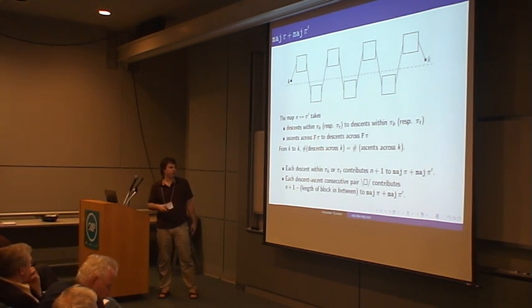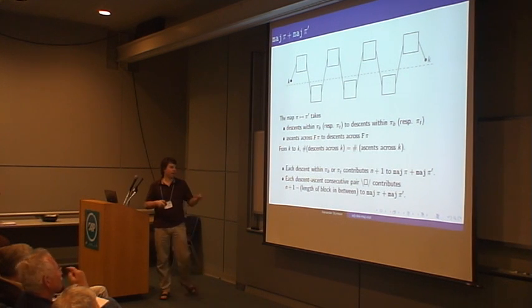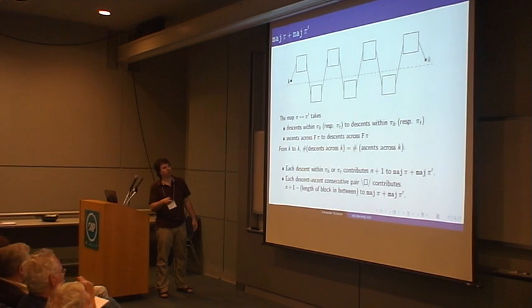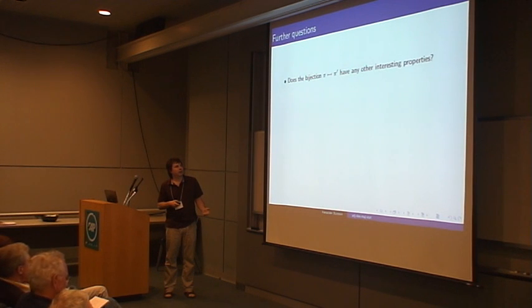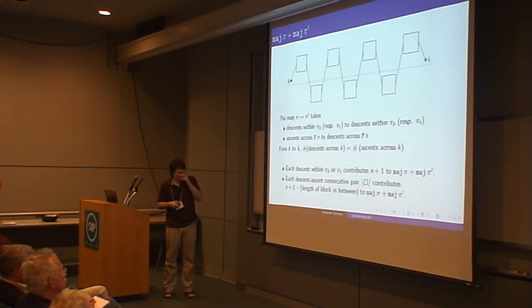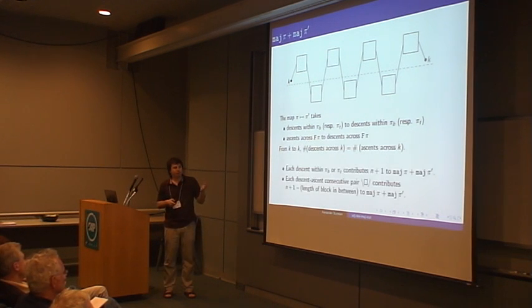So you're just counting all n plus 1 letters every time for every descent, except the length of all the blocks, which is exactly the number of letters below K. So that's basically this map.